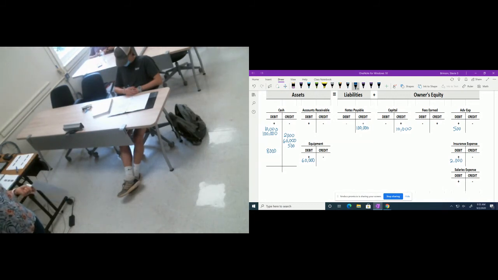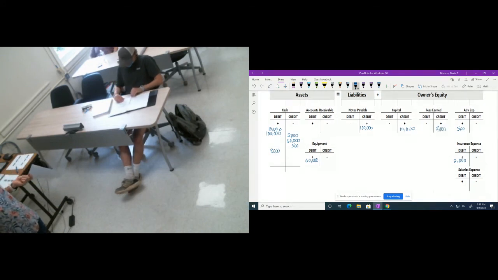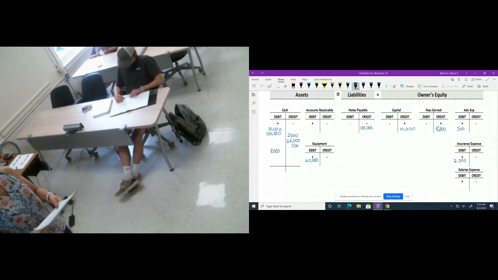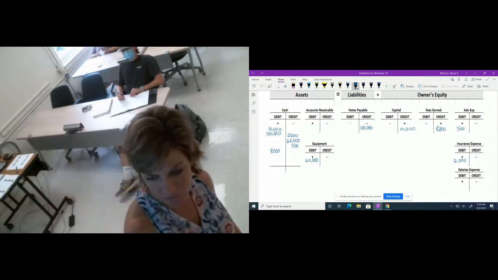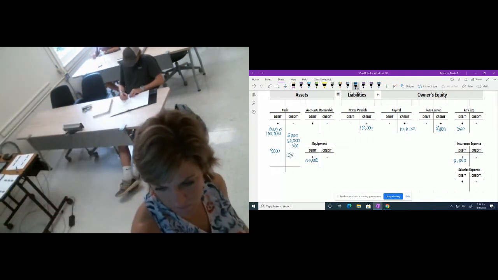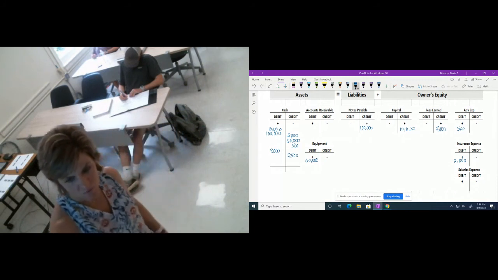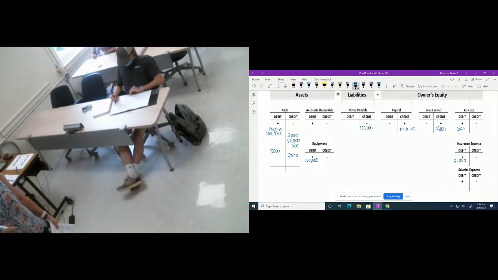We don't have wages, we have salaries, so we're going to assume he paid her for salaries. The word pay, when you see pay, you think cash. And if he's paying her, he's giving up $2,500, right? So we're going to decrease our cash by $2,500, and then he now has salary expense of $2,500.